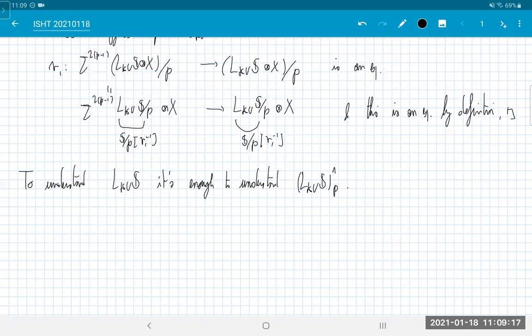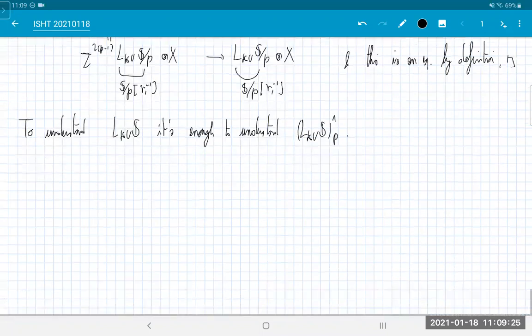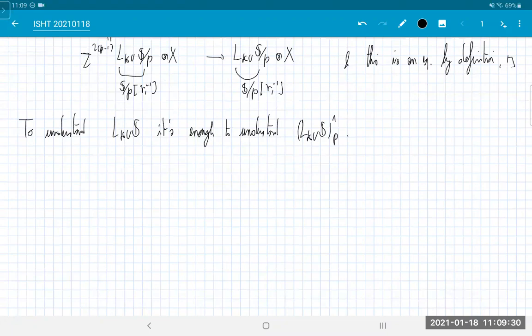But thankfully, we have a very simple description now of this guy that allows us to compute all its homotopy groups in a very explicit and concrete fashion.